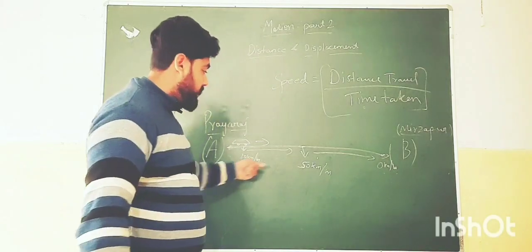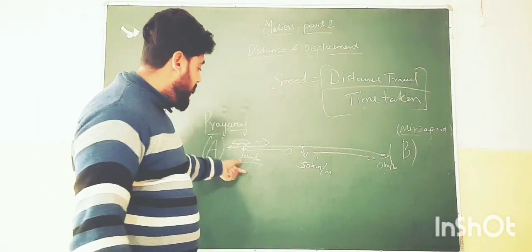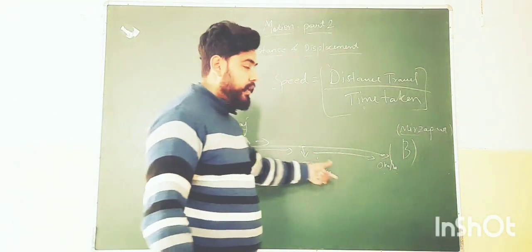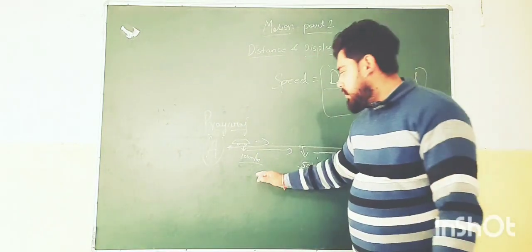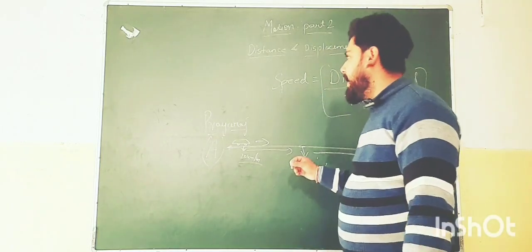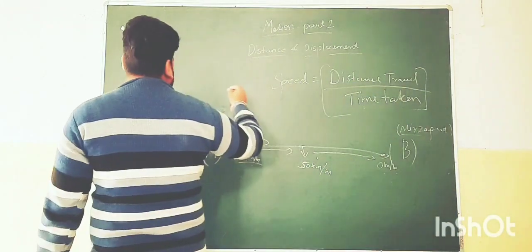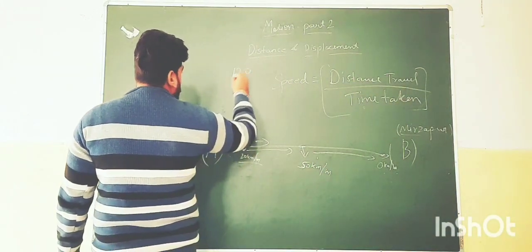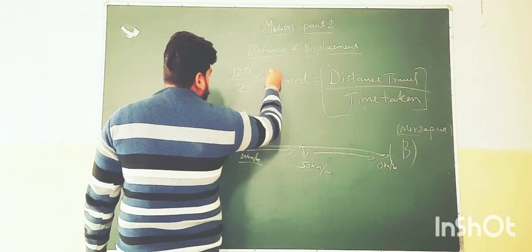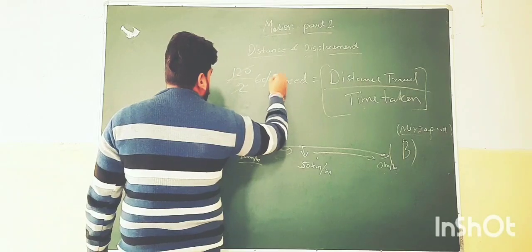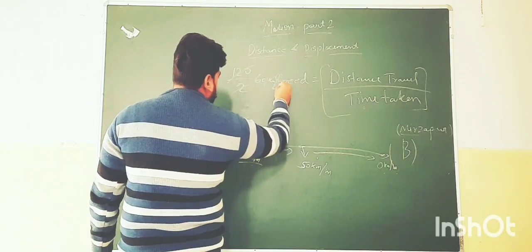So what is the change here? You are looking that the ratio is changing according to time. If I write that we travel about 120 kilometers in 2 hours, then it will be 60 kilometers per hour.